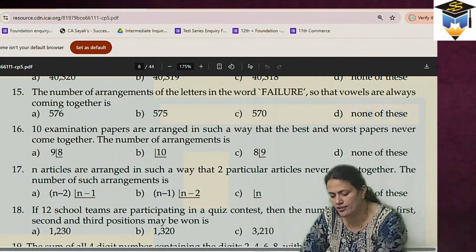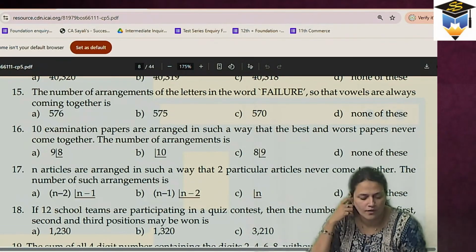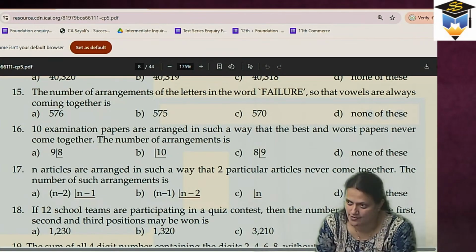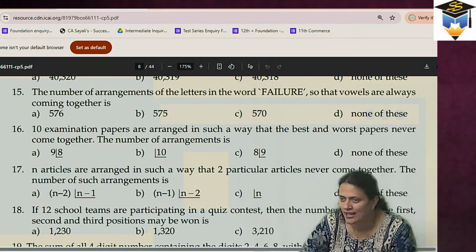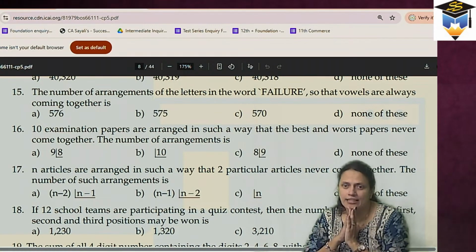Check whether the answer is correct. What is the question that is asked? See, this is not the final answer. This might not be the correct answer. I am asking you a question. Think and answer. 10 question papers. Best and worst can't come together. So best and worst can be arranged in 2 factorial ways. Okay?